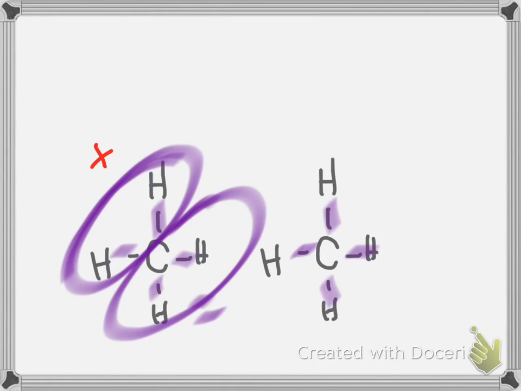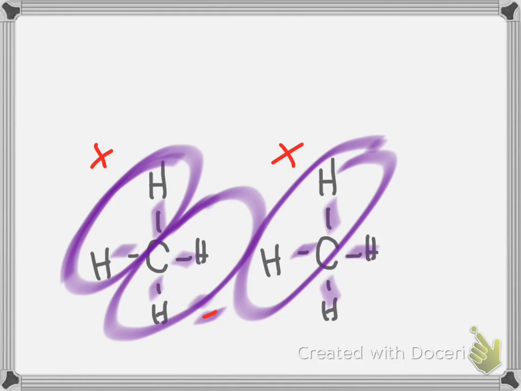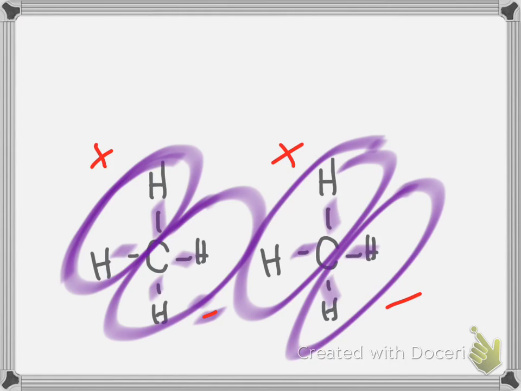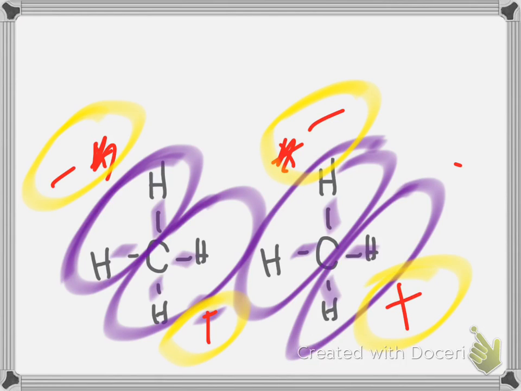Now, if that same thing's happening on that other molecule, this end becomes a little bit positive, and this end becomes a little bit negative, and they're attracted to each other. The reason they're so weak is because they're only temporary dipoles. Those electrons are constantly moving, so then maybe it switches spots, and this end is more negative, this end is more positive. That's why they're extremely weak, because they're temporary and constantly shifting.